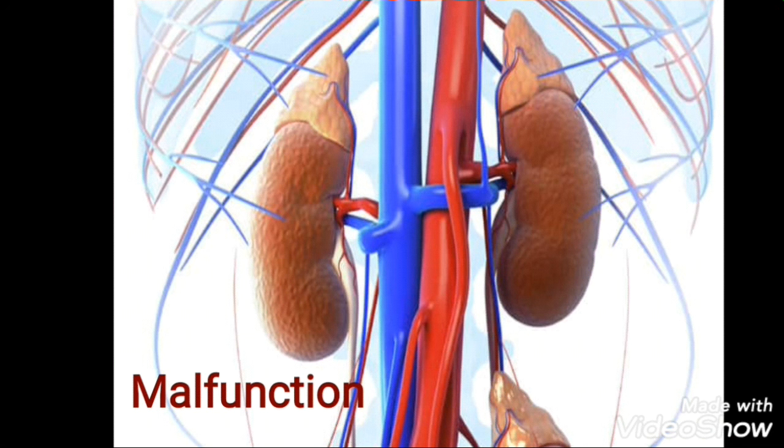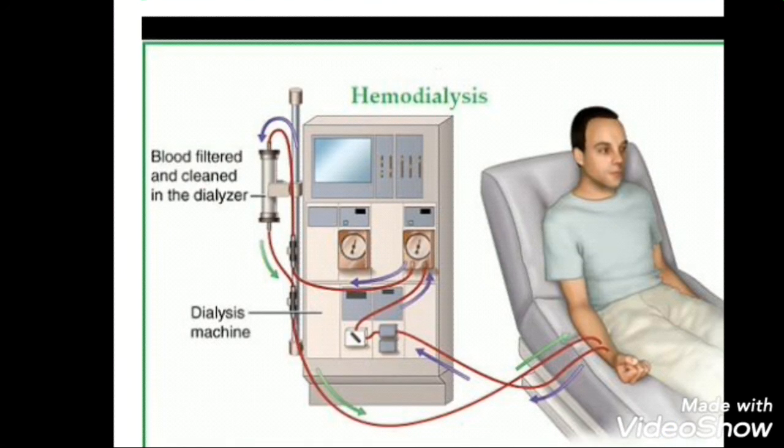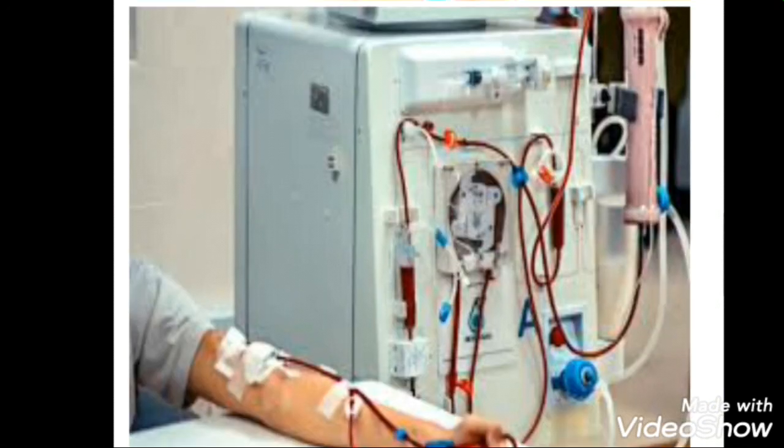If the kidney fails to excrete urine, then the person needs dialysis. When kidneys lose their filtering efficiency, an excessive amount of fluid and toxic waste accumulates in the body. This condition is known as kidney failure. For this, an artificial kidney is used to filter the blood of the patient.